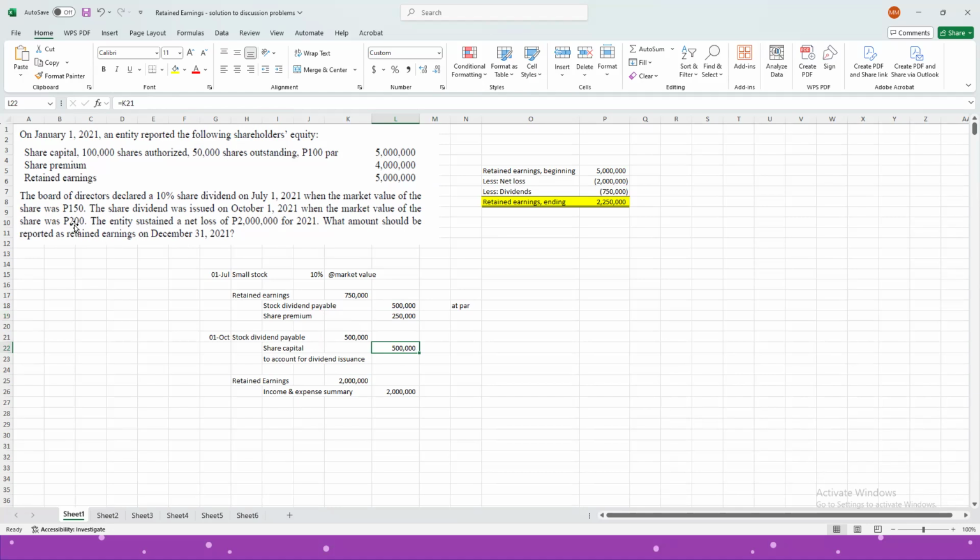While the market value as of the issuance date or payment date is given, it's irrelevant in our calculation. Ulitin natin yung class na. So the entries to recognize the dividend should be prepared at declaration date.